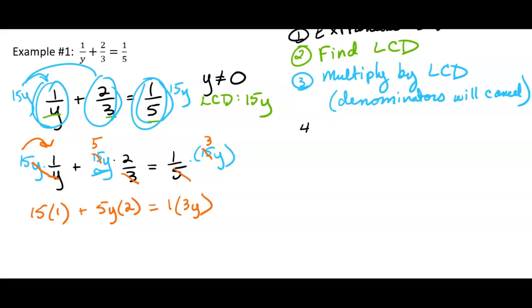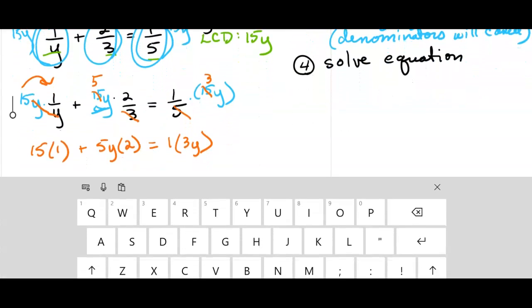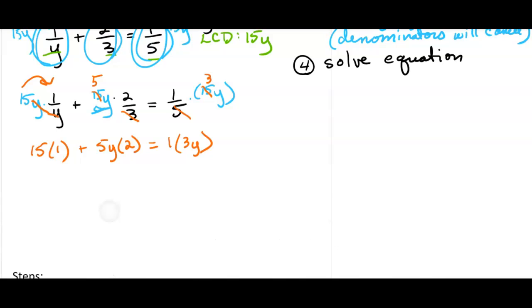Step 4, solve the equation. So you should now have a linear equation that you know and love and can solve. So I have 15 plus 10y equals 3y.